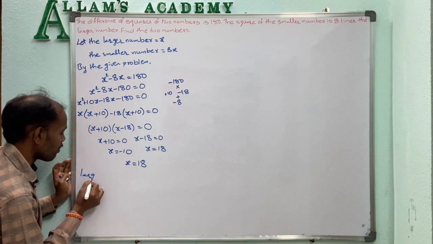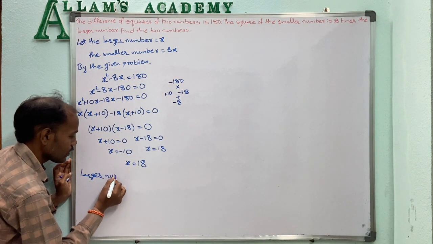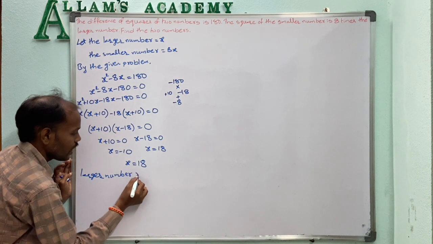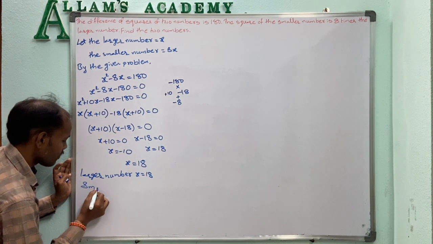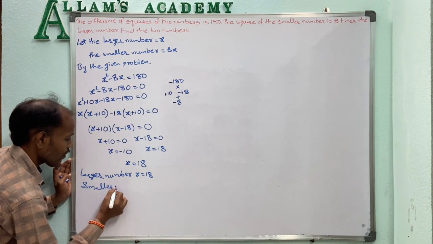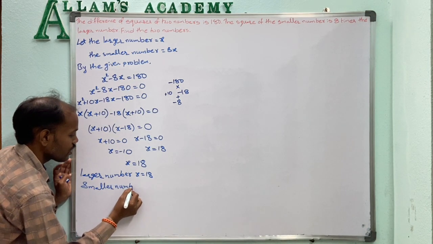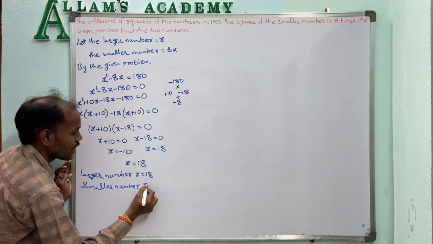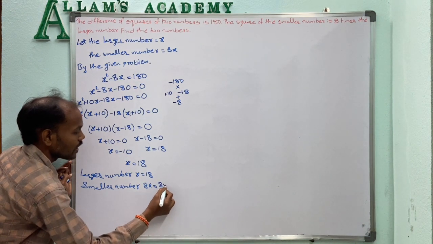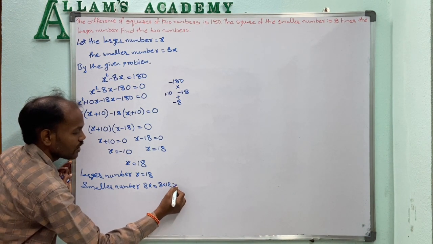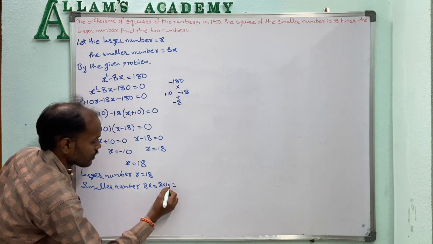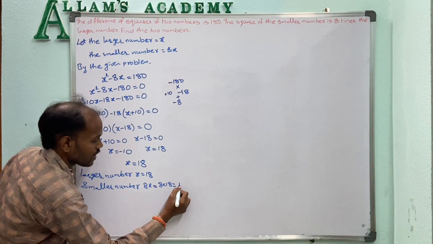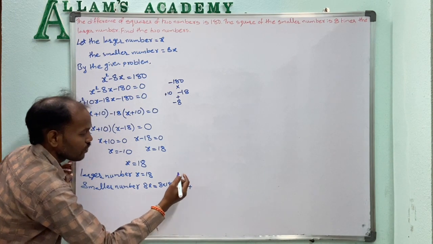So the larger number x equal to 18. The smaller number squared is 8 times, so 8x, that equals 8 into 18. 8 into 18 is 144.